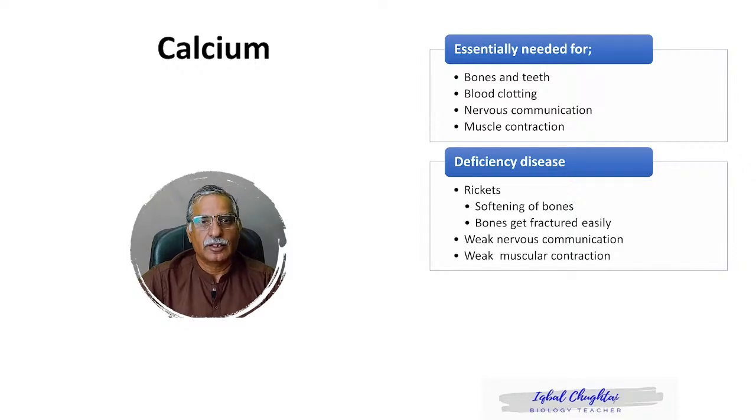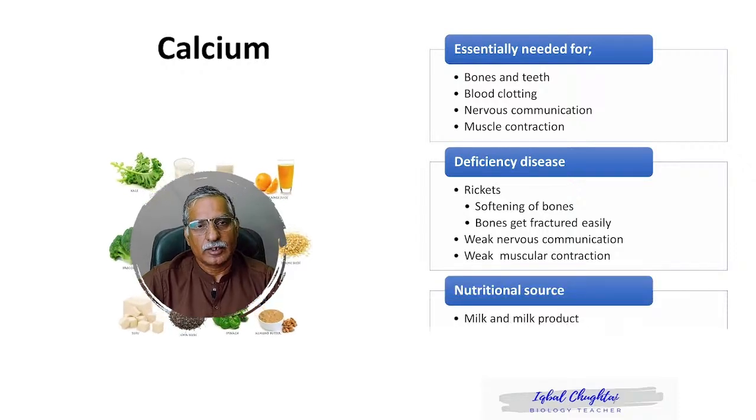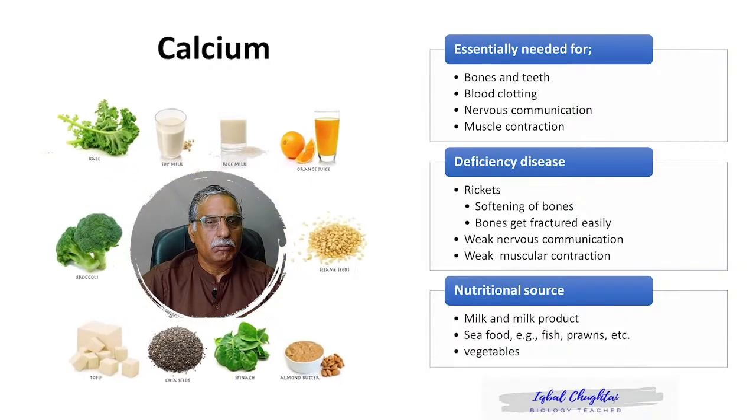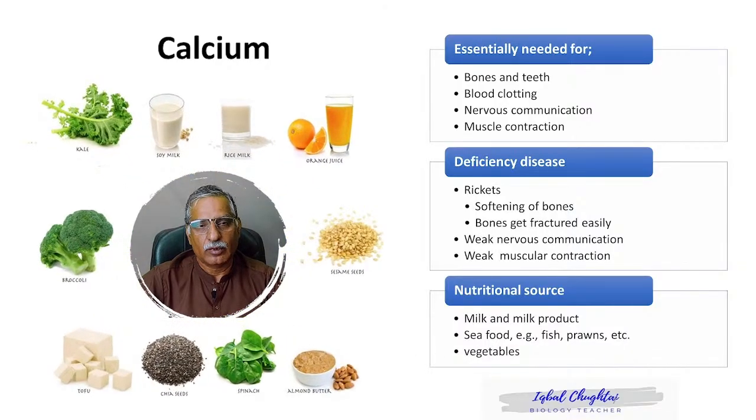But where do we get this calcium from? Calcium can be obtained mainly from milk, because milk's characteristic color is because of calcium dissolved in it. So milk is an essential source of calcium and it is readily available to everyone in the world.